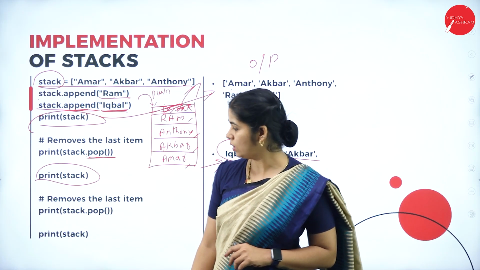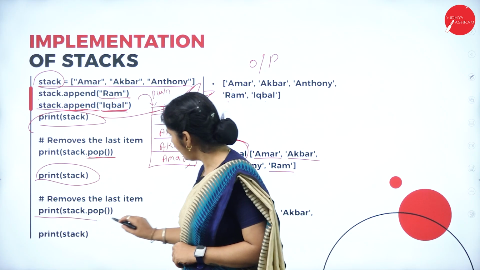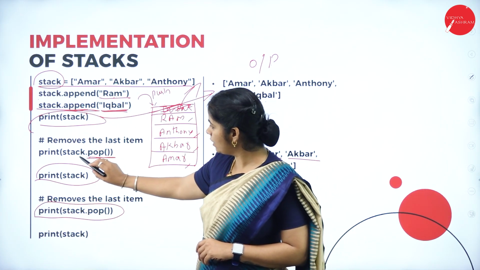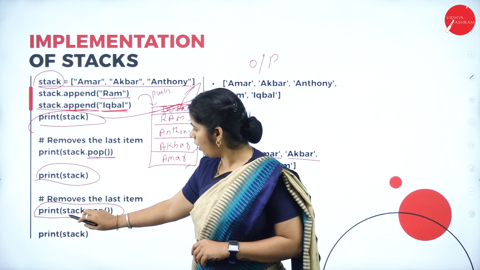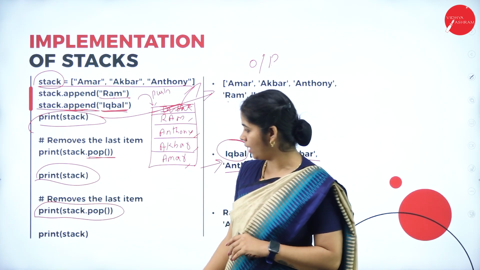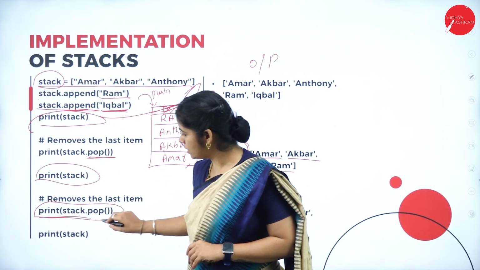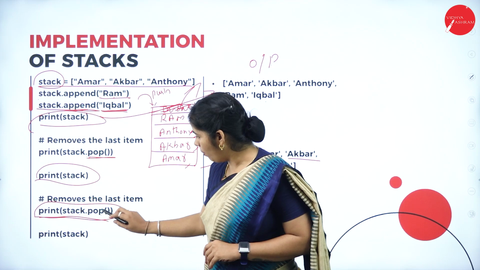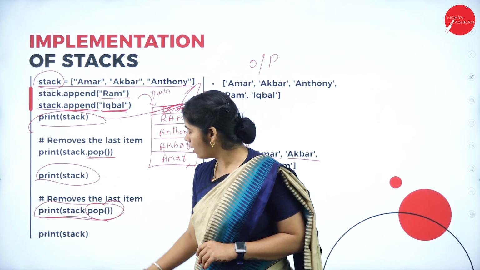4 elements are present. Then one more time I am calling the pop function. Either I can write the stack pop, or directly I can write the stack dot pop with the print statement also. This stack dot pop, again what will it remove?